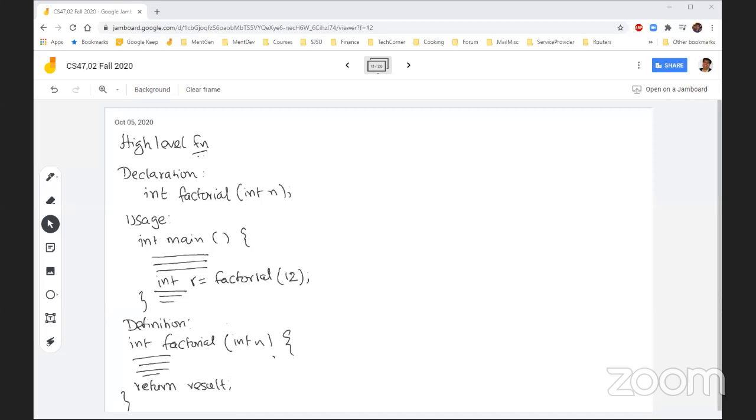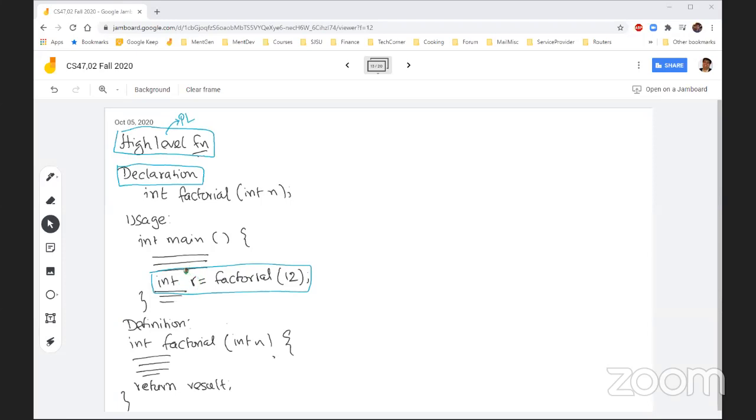So do we all agree that this is the structure in a high-level programming language? We have a declaration, which usually goes in a header file. And then we have the usage, a call. This is calling the function factorial with an argument, value 12, and it returns a result, which is stored in the variable r.